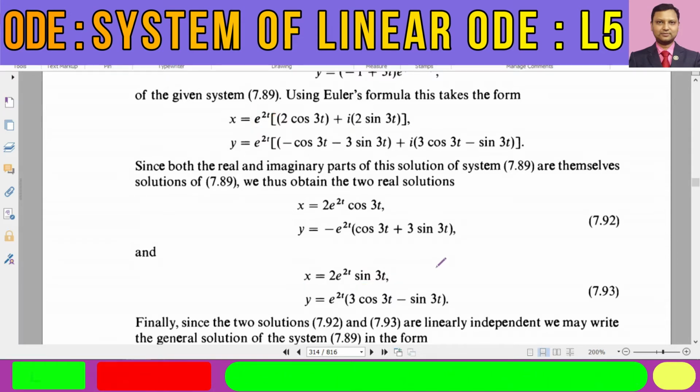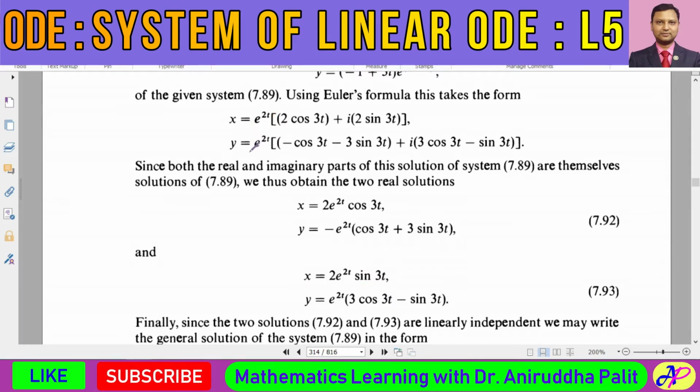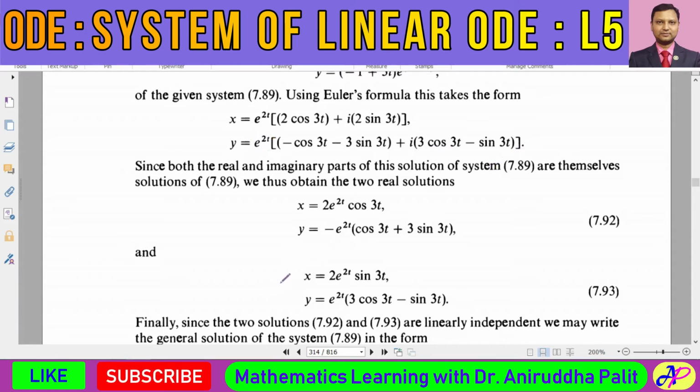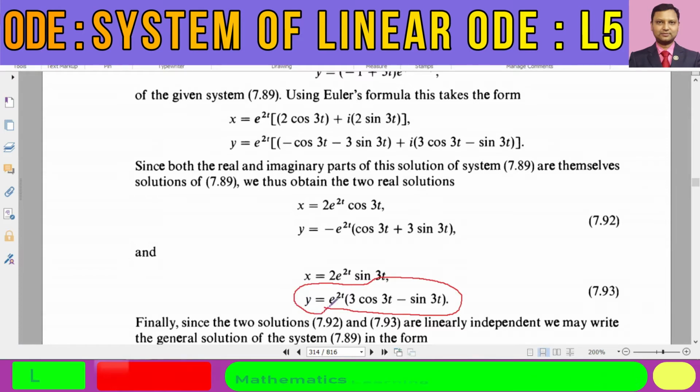Clear? Similarly, the imaginary part of y would be e to the power of twice t multiplied by 3 cos of 3t minus sine of 3t. So we have the second expression of y.